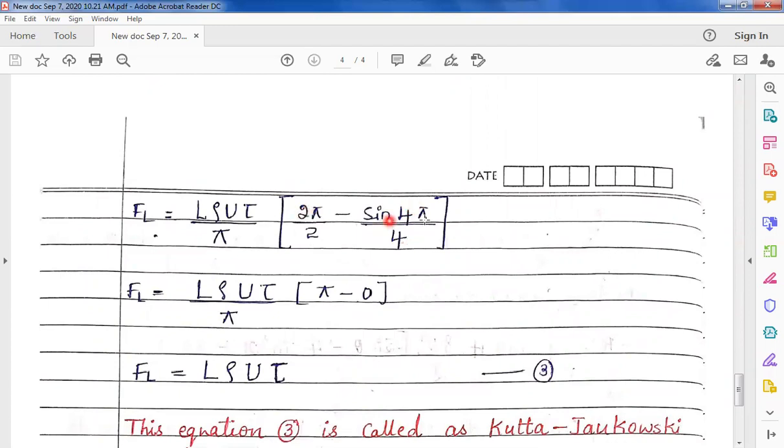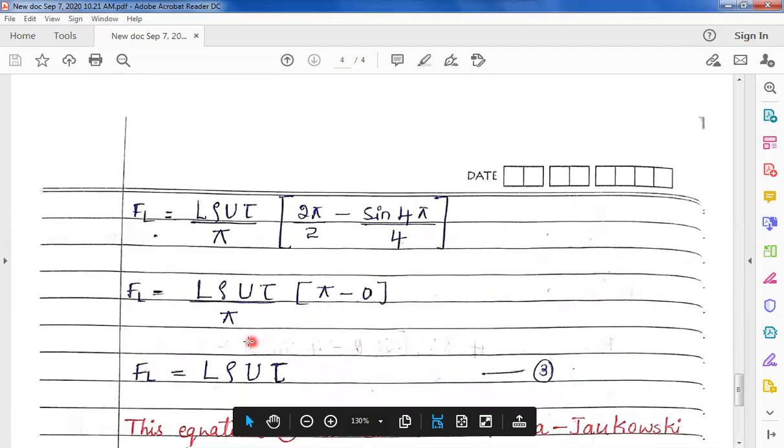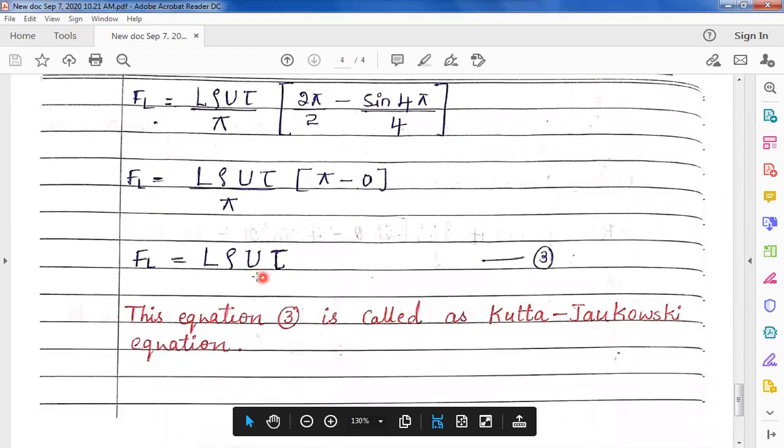So sine pi will become 0. So pi minus 0. Okay, so then you will be getting L rho u circulation by pi into pi. So this pi and this pi will get cancelled. Hence, the lift force will be L rho u circulation.